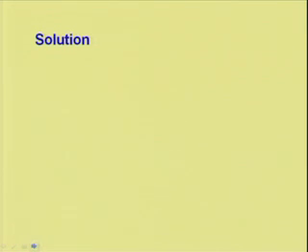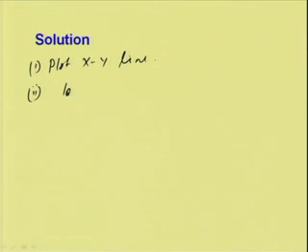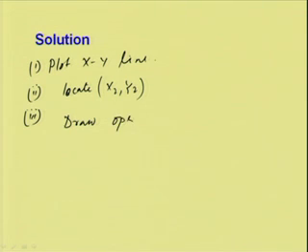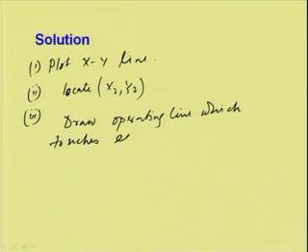Now, what steps do we follow? We plot the equilibrium line, then we locate X2, Y2, and then we draw the operating line which touches the equilibrium line, and the point of tangency corresponds to the minimum liquid rate.